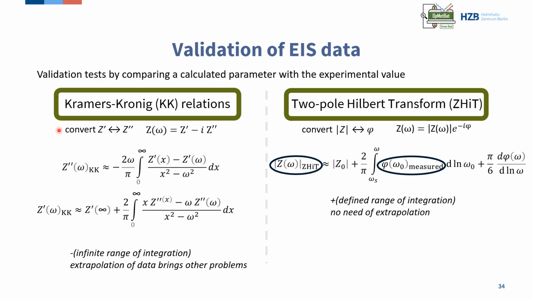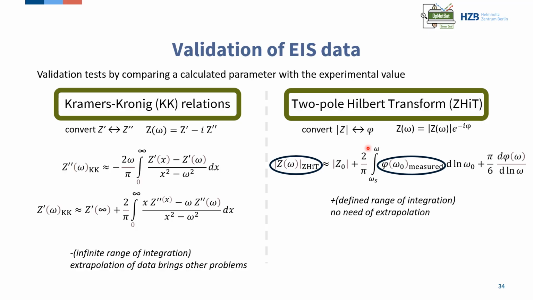With the Kramers-Kronig relations, the real part of the impedance can be calculated from the imaginary part of the impedance and the other way around. For these calculations, integration along an infinite range of frequency is required, so that extrapolation errors are produced. On the other hand, the two-pole Hilbert transform can calculate the impedance modulus from the phase angle.